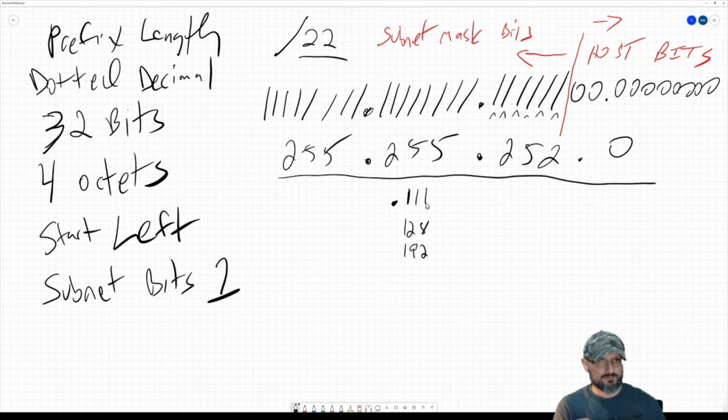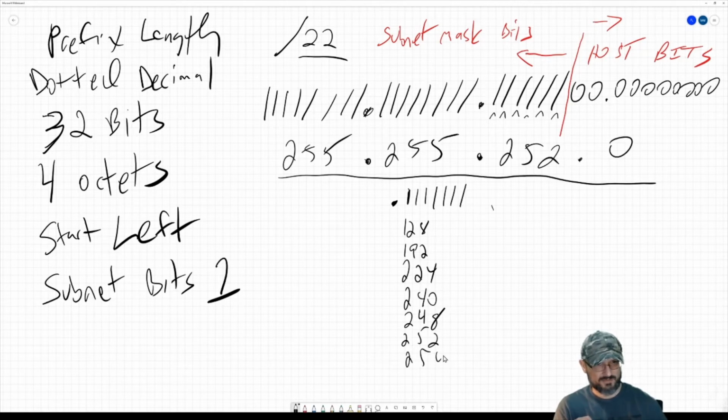If we have 1, 1, 1, right? 128 plus 64 plus 32 is 224. 224 plus 16 is 240. 240 plus 8 is 248. 248 plus 4 is 252. 252 plus 2 is 254.